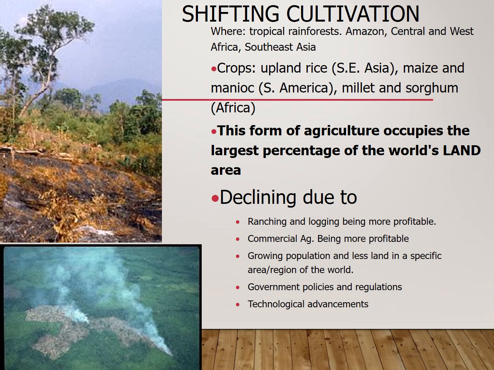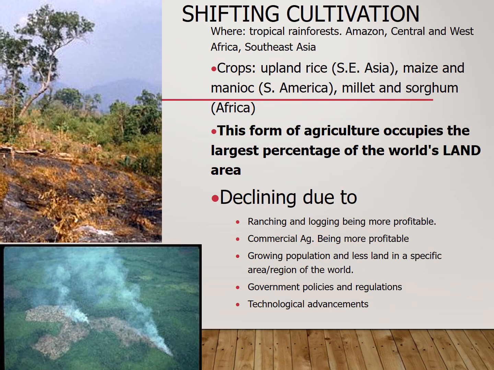Both of these still involve cutting down the forest, right? And that's problematic. But people are transitioning away so that they can make money doing something else instead of subsistence agriculture.